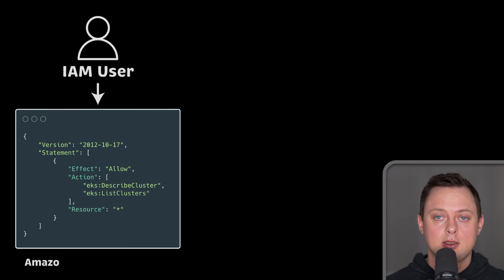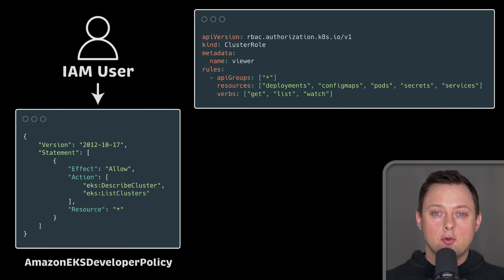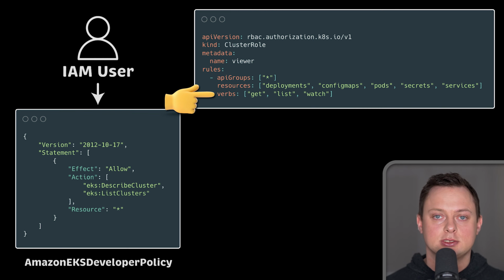For the first example, we'll use IAM user as well as IAM policy with a minimum set of permissions for that user. It will only allow updating the local Kubernetes config and connecting to the EKS cluster. On the Kubernetes side, we'll create a viewer role with read-only permissions to access certain objects from the core Kubernetes API, such as deployments and config maps.